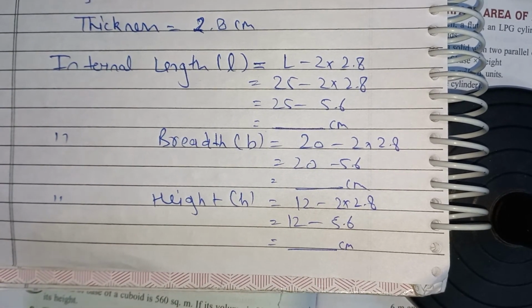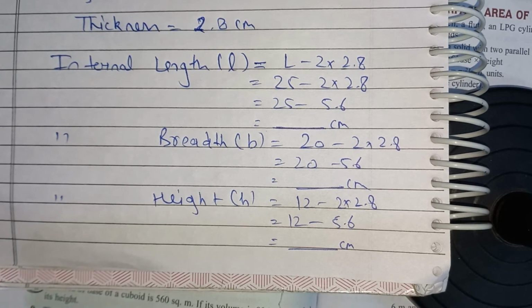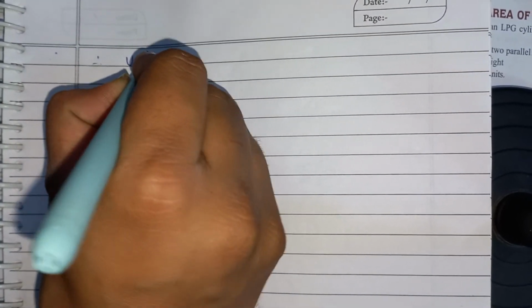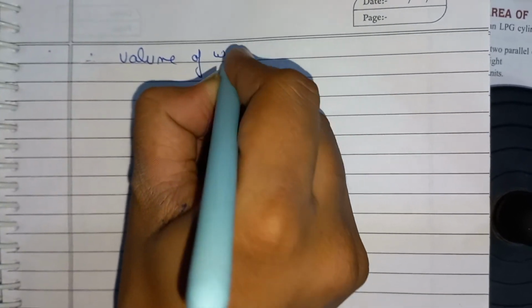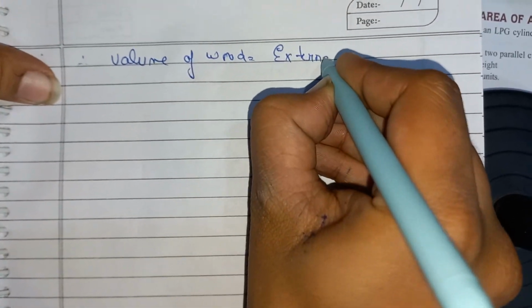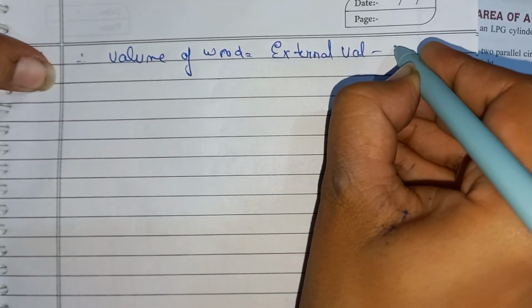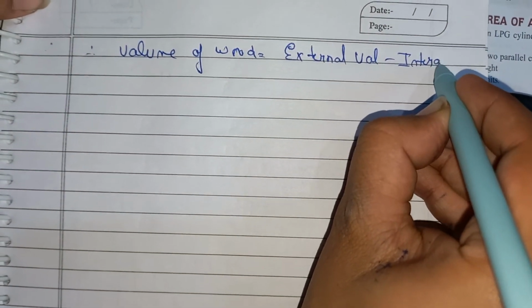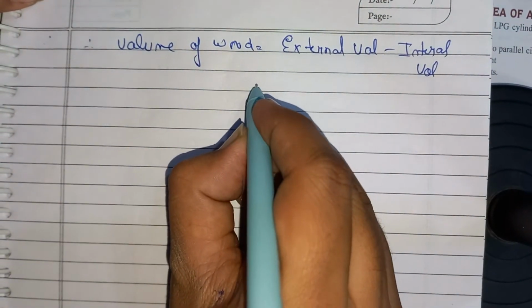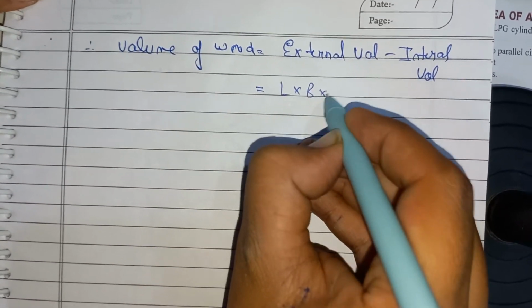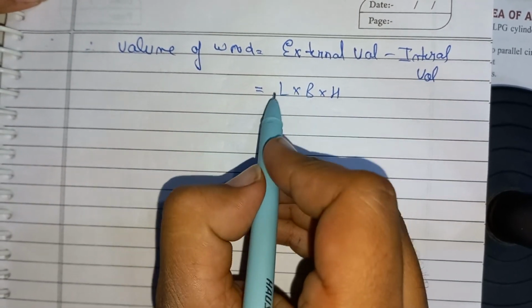Now you have the external and internal length, breadth, height. You have to find the volume of wood. Very simple. Therefore, volume of wood is external volume minus internal volume. What is the external volume? L into B into H. The word external is here, so we use the external length, breadth, height.